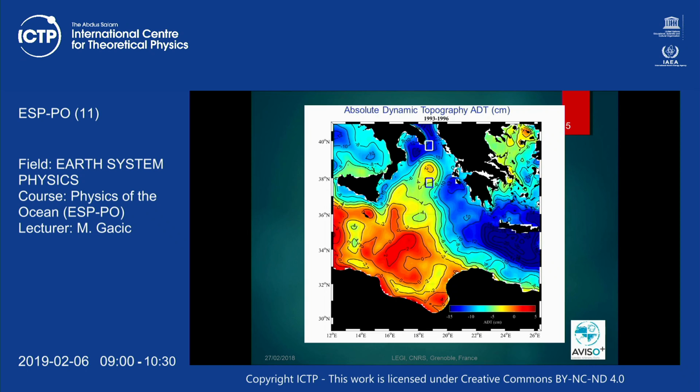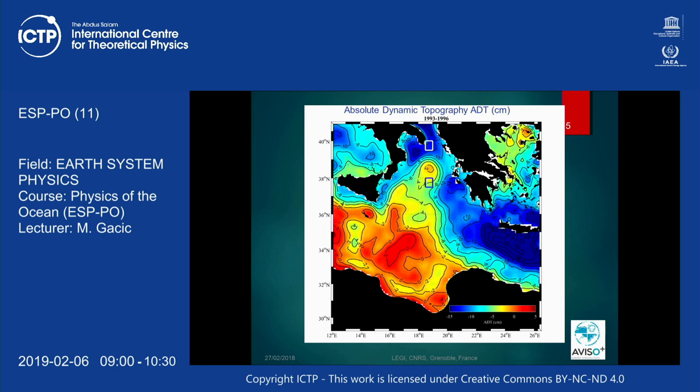The component of the geostrophic flow in this direction is east-west, right? So in this specific situation, the sea level is higher here than there, so the pressure gradient at the surface is from here to there, and the flow is eastward.